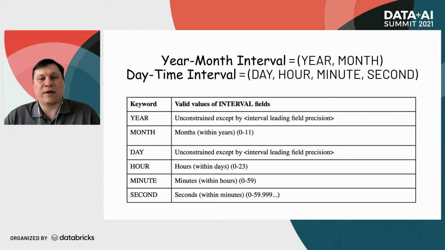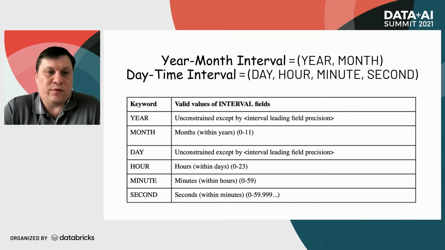The year depends on how many bytes you allocate for intervals. Currently, Spark stores year-month interval as an integer, so that's why it has some restriction for the year field.